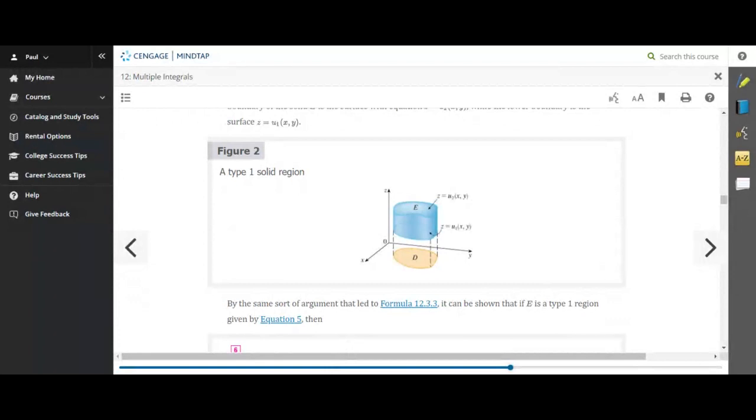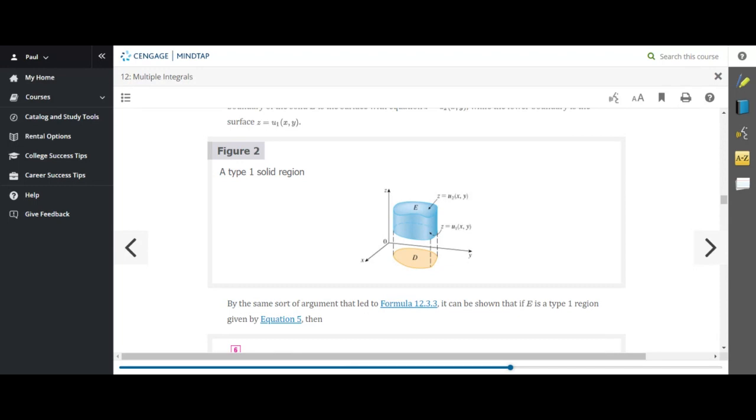Now what you're doing is you have three integrals. The first integral is an integral where the top and bottom limits go from a surface to a surface. So you see here, this solid E is bounded above by this function of x and y called u2 of x and y, and the bottom function is another function u1 of x and y.